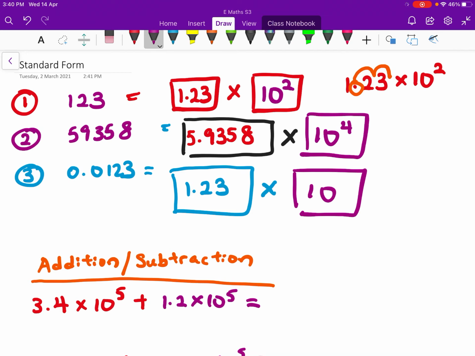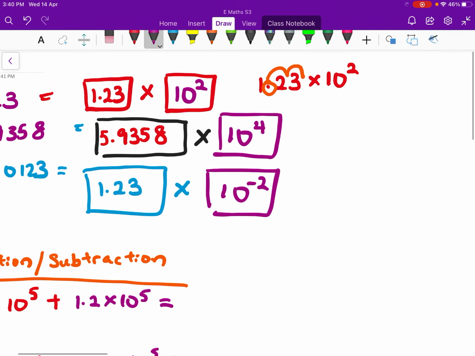For the previous two examples, 123 and 59358, my decimal point was moving towards the right. Now my decimal place must move towards the left. When I move towards the left, it means that the index of the 10 to the power of something must be a negative number. Since it's moving 2 places, I put -2.